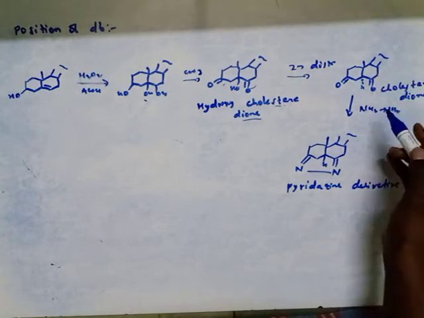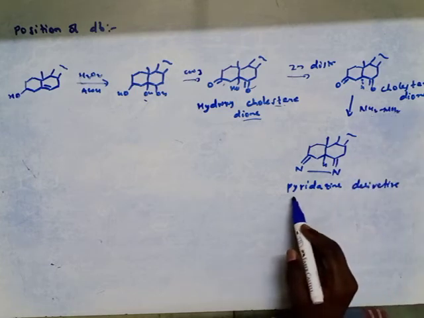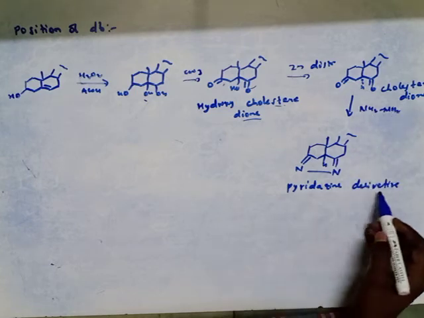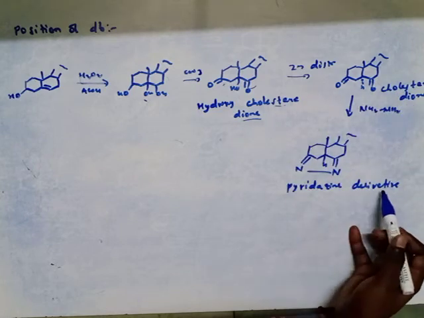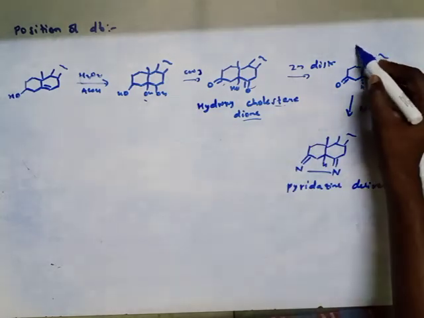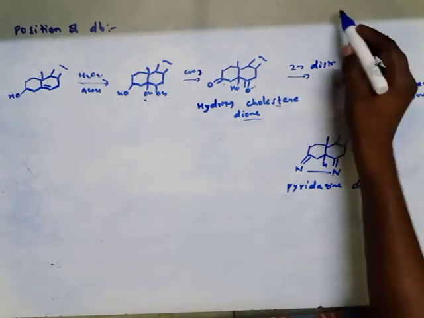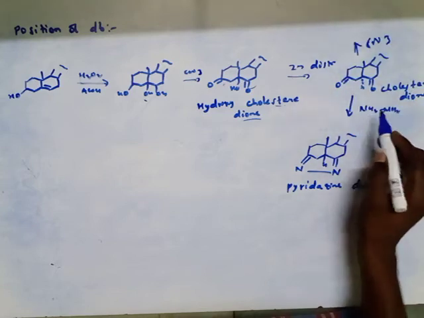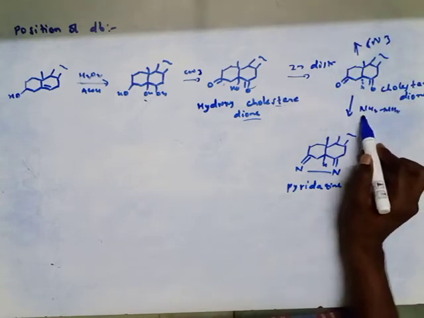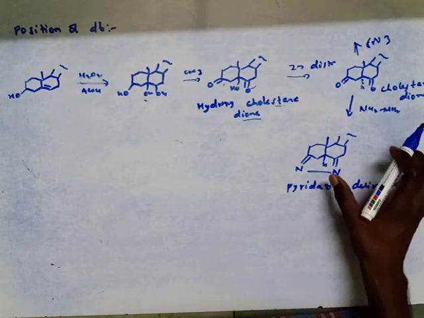This then undergoes reaction with hydrogen to form a pyridine derivative. If this is treated with CrO3, then we get a tetracarboxylic acid. If we treat with hydrazine, we form a pyridine derivative.